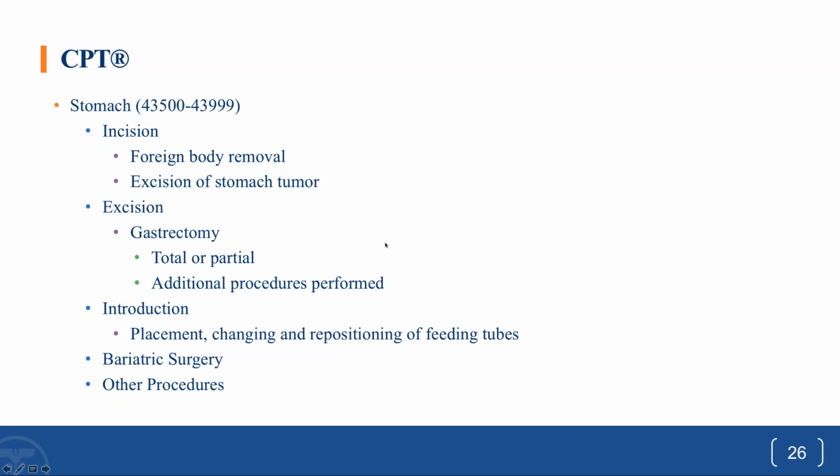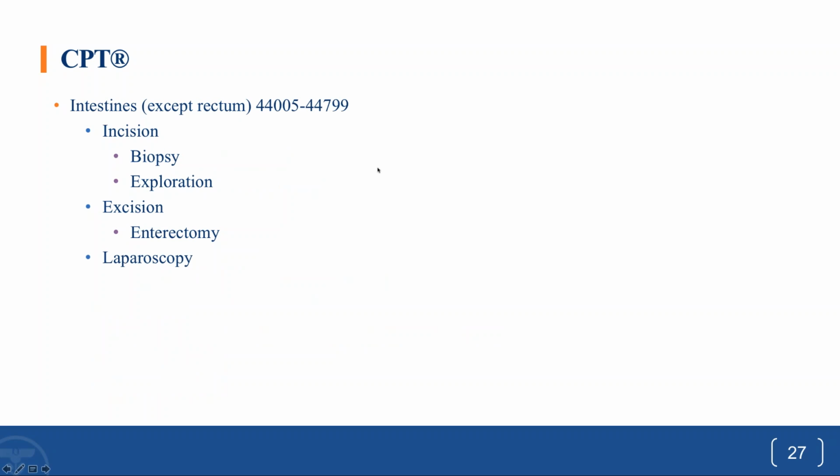Okay, so that's in reference to bariatric surgery. What else do you guys need to know in this section? Let's see. With your intestines, that's just going to be 44005.